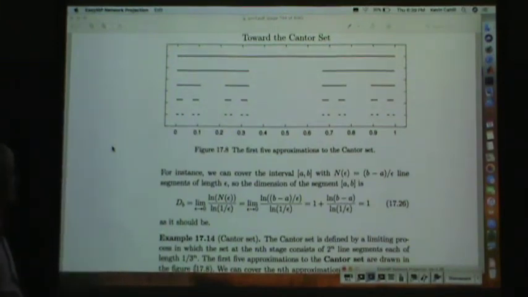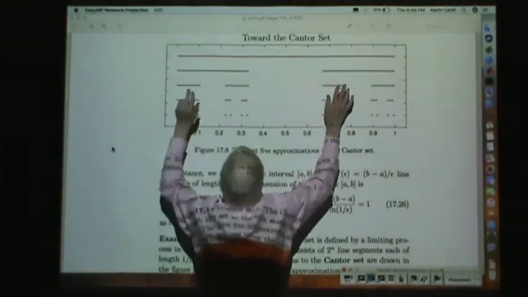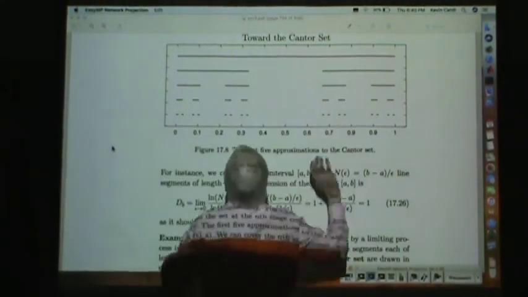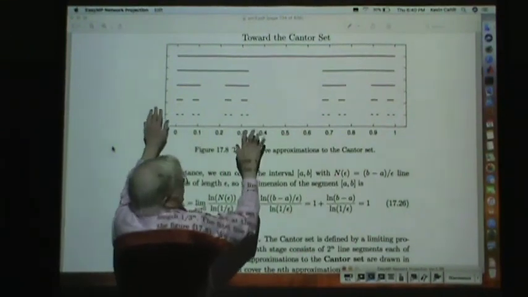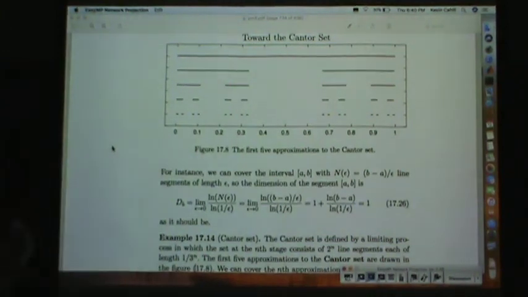So the Cantor set is basically you take first the interval 0 to 1, and then you knock out the middle third. Then you take what's left and you knock out the 2 middle thirds. Then you take what's left and you knock out the 4 middle thirds and so forth. And then in the limit of n going to infinity, that's the Cantor set.